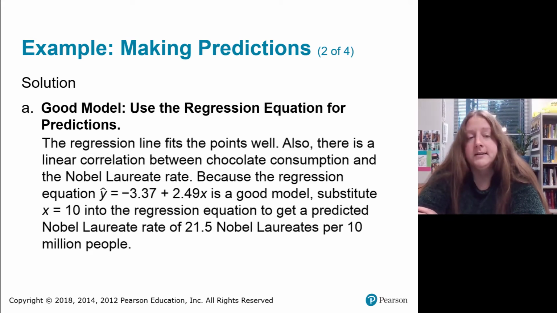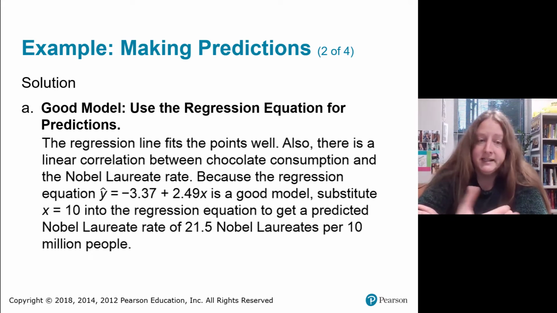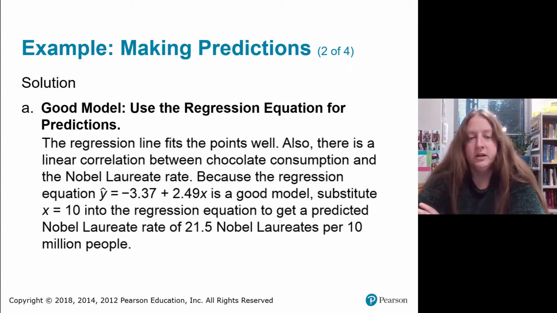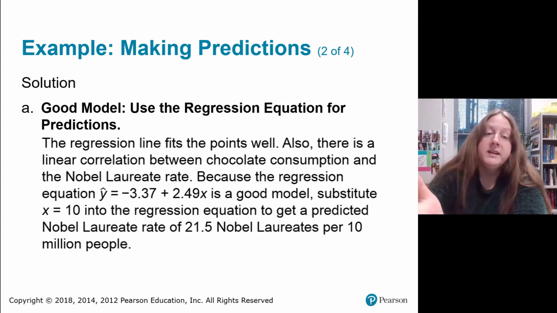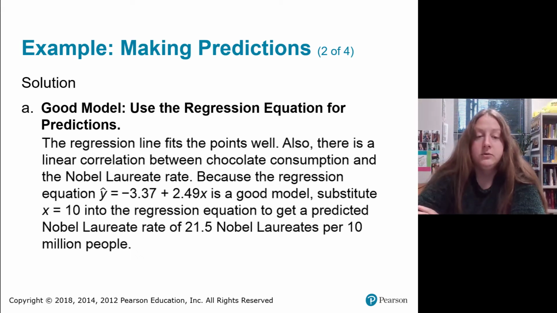The graph looked good. And 10 is within the scope of our data. So this is a pretty okay thing to do. So we substitute 10 in for x into our regression equation, and we get a prediction of a rate of 21.5 Nobel laureates per 10 million people when there are 10 kilograms of chocolate consumed per capita.